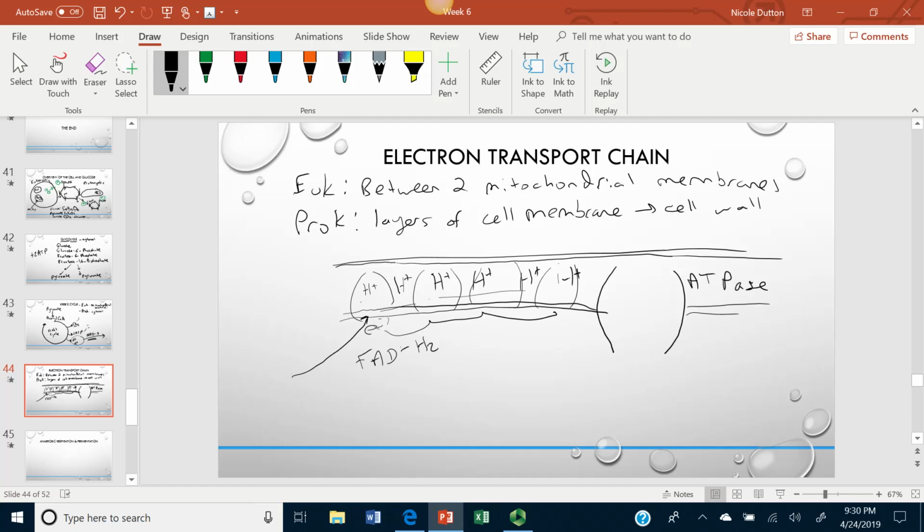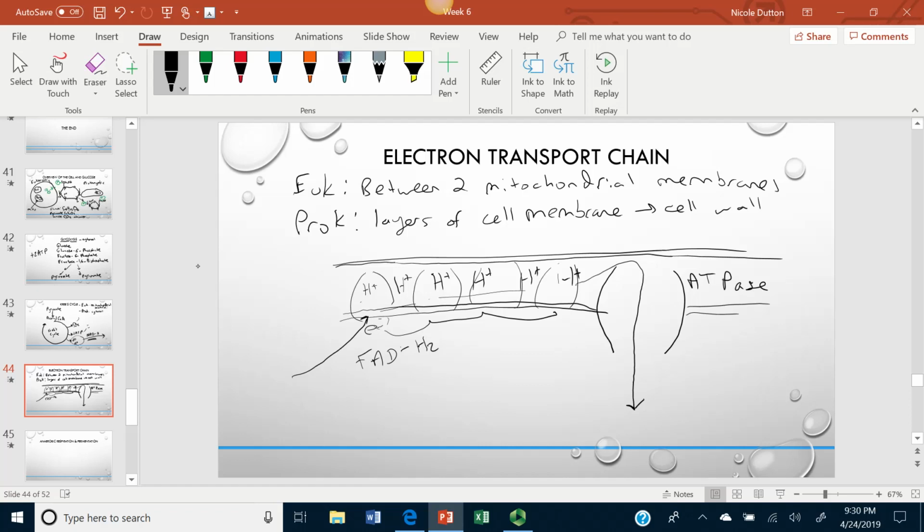We don't want a whole bunch of concentrated positively charged ions within this intermembrane space. Number 1, they're concentrated, which means they don't like being by each other. Number 2, they're all positively charged. If you have too much positivity, they're going to repel each other. So we can't have all of that positive charge in that space. They want to get away from each other, and the only way that they can is by going down their concentration gradient. And there's only one channel that lets them through, this ATPase channel.